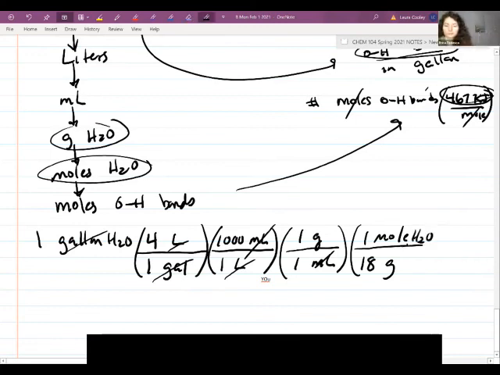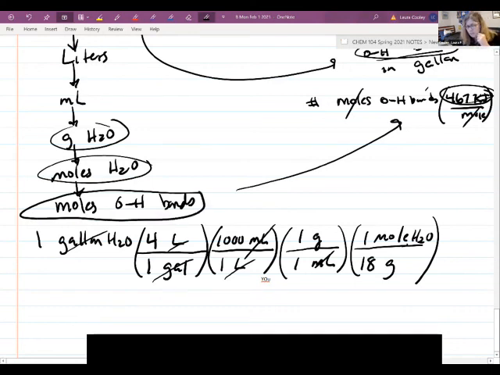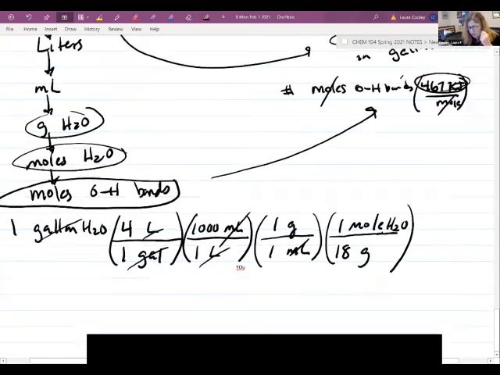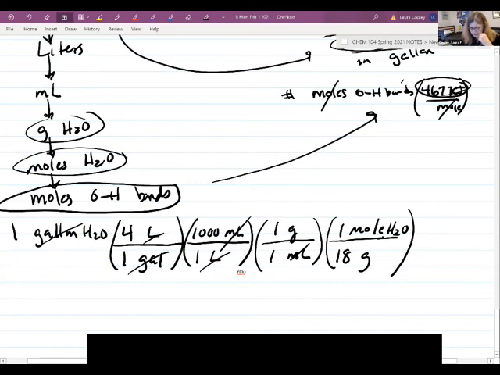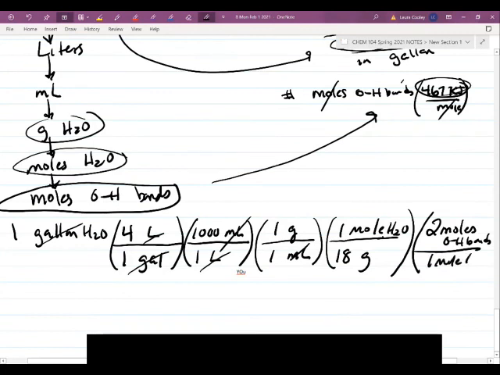So now how are we going to go from moles of water to moles of OH bonds? How many moles of OH bonds are there in 1 mole of water? Did you say the answer? I think you did. Say it again. Is it 2? 2. Okay, so now let's just multiply and divide here. It's really 1 times 4 times 1,000. We're not there yet.